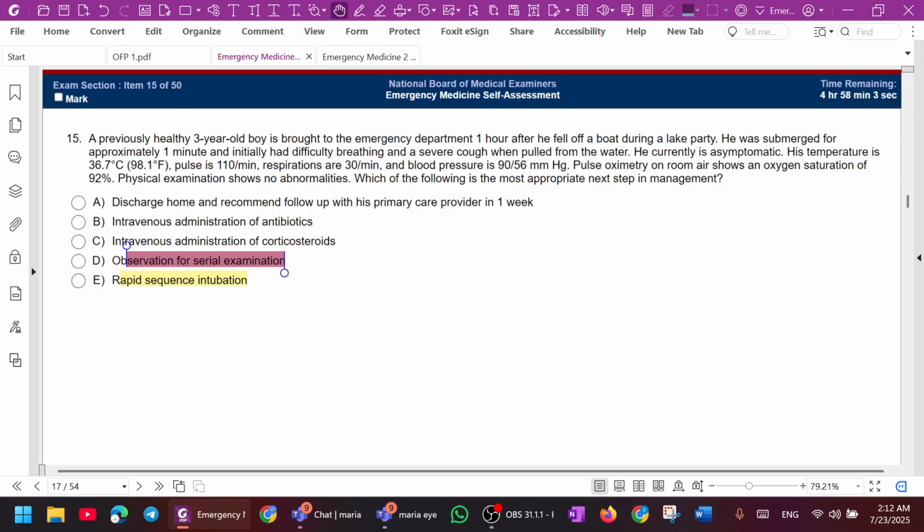Rapid sequence intubation is appropriate in patients with severe respiratory distress, hypoxic or hypercarbic respiratory failure, and neurologic deterioration. This patient is not in respiratory distress and intubation is not indicated. Next.